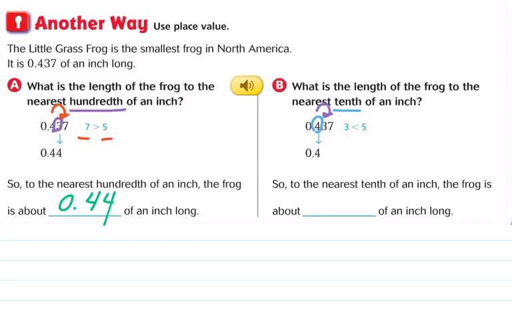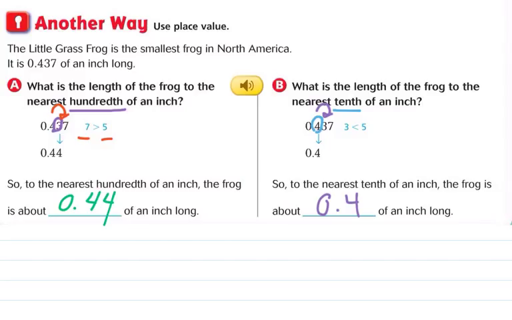Now, boys and girls, you have to ask yourself, is 3 greater than 5 or less than 5? Well, we know that 3 is less than 5, so when we go back to the circled digit, it's going to stay the same. So notice it says to the nearest tenth of an inch, the frog is about 4/10 of an inch long.